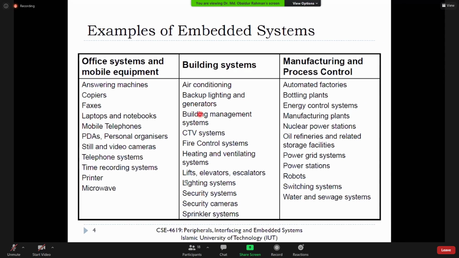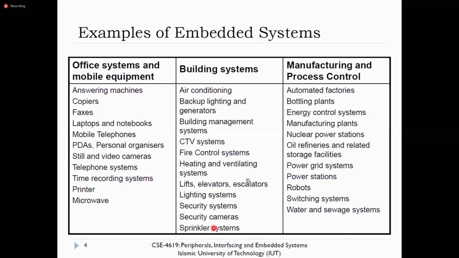So this is a target area where most of the concentration of embedded system development has been done for the last few years.